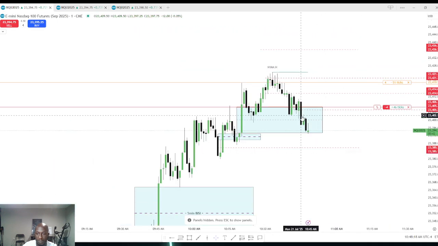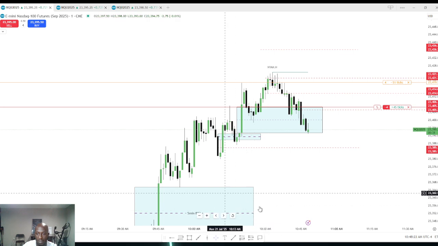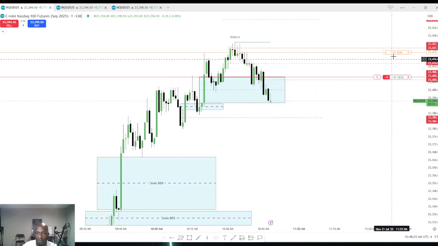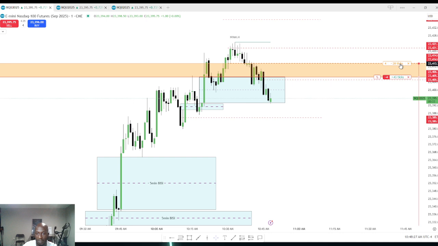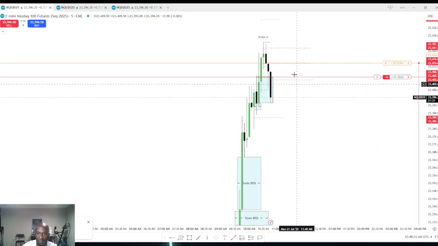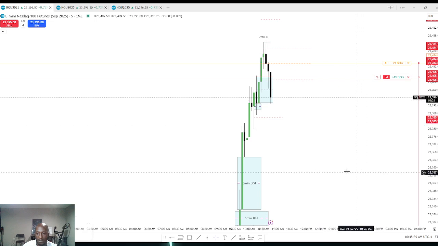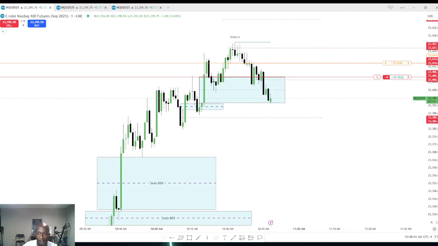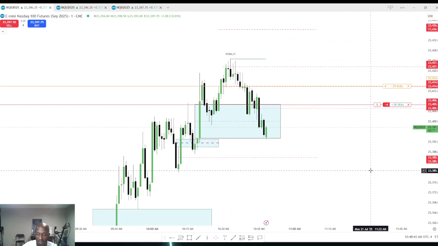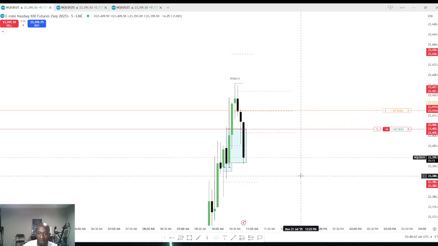So we just closed this gap. This is closed, so I would like to see it start working back down into here. I'm going to move my stop loss to here, which is consequent encroachment of this high, but we got this freaking SIBI up here that I need to pay attention to once we get the close on this 5-minute candle, because we may get a retracement back up into there, and if that's the case, I'm going to get stopped out.